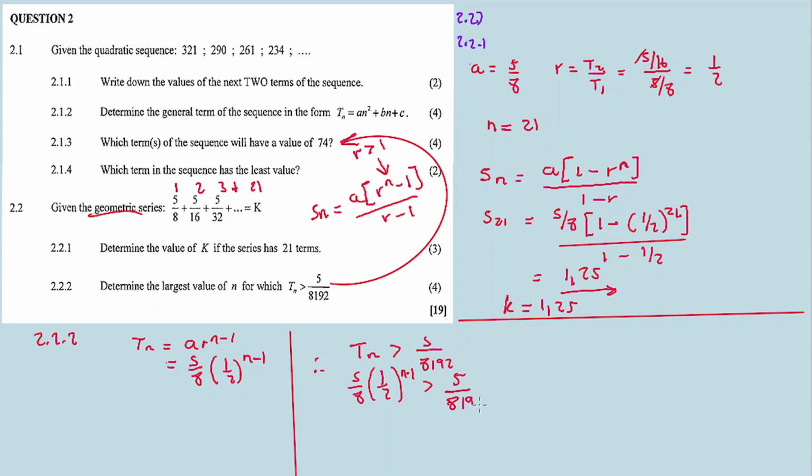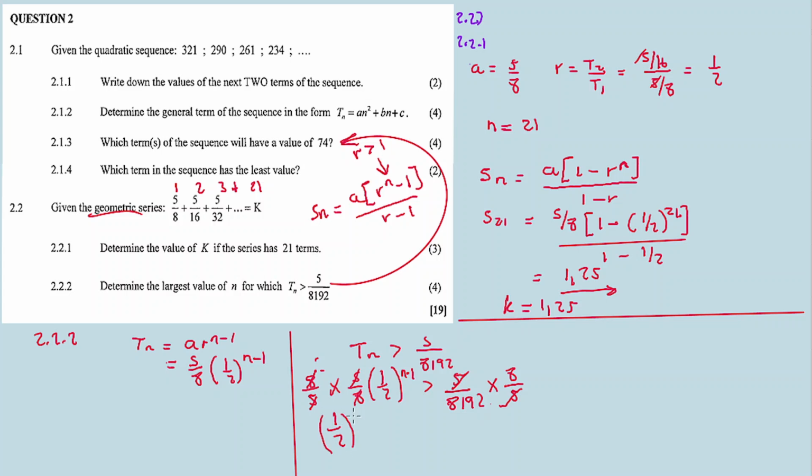So therefore I want the value for n. Now here we have an exponential equation. I need to isolate 1 over 2 raised to exponent n minus 1. So you multiply by the multiplicative inverse of 5 over 8, which is 8 over 5, on both sides of the equation. When you cancel, 8 cancels with 8, 5 with 5, and we are left with 1 over 2 to the n minus 1.